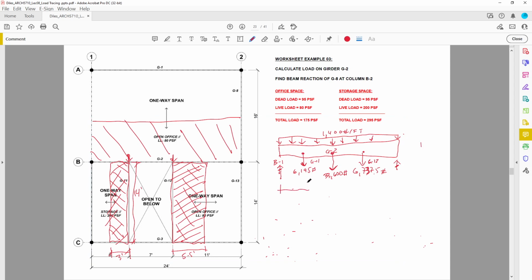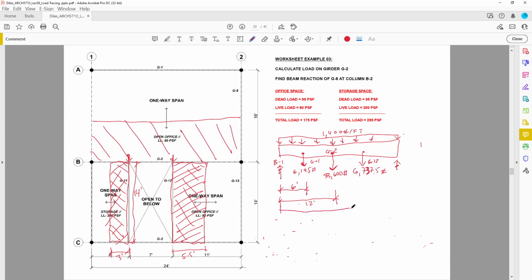Okay, there we go. So this is covered up here, but this is 6 feet. So the distance from B1 to G11 is 6 feet. Then we have our continuous load represented as a point load here, and this is half of the overall length of the girder, which is 12 feet.